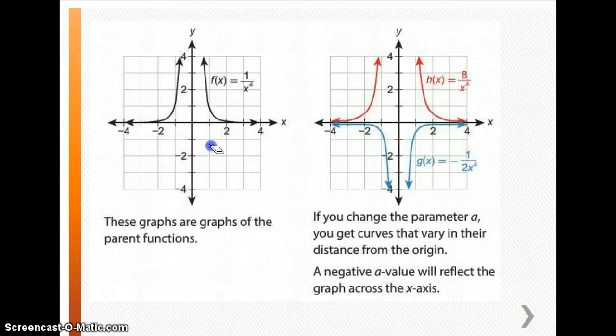Again, here's a parent function of 1 over x to the 4th. If you change the parameter for a, so here are the red ones, they multiplied by 8, it moved farther away from the asymptote of the y-axis, but here with the g, they moved closer, and they were also flipped across the x-axis, so they were reflected.